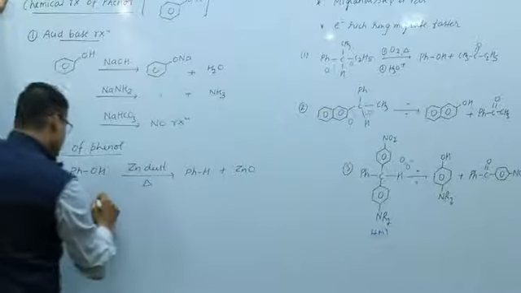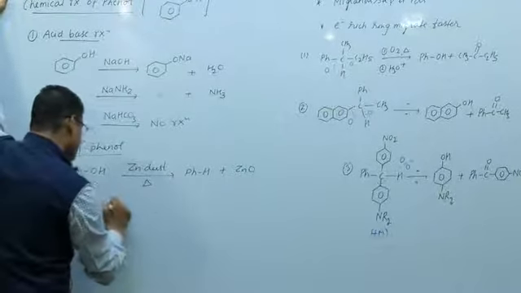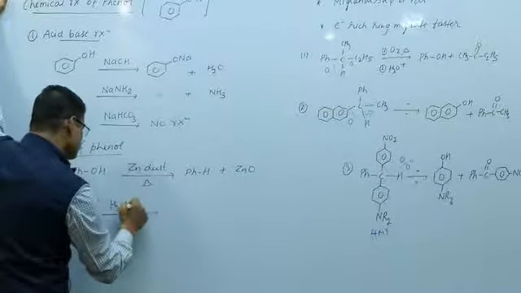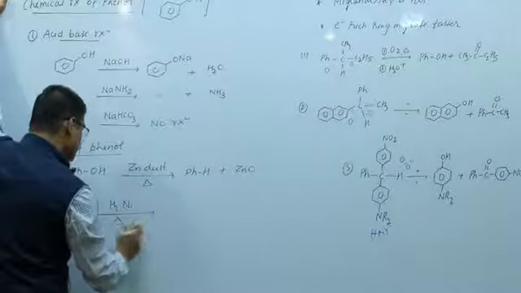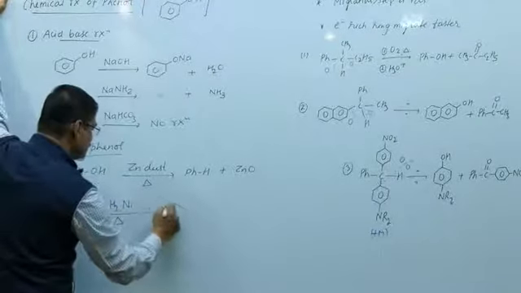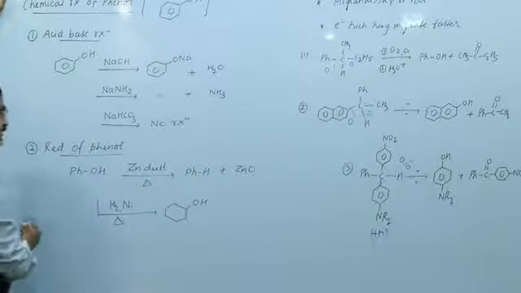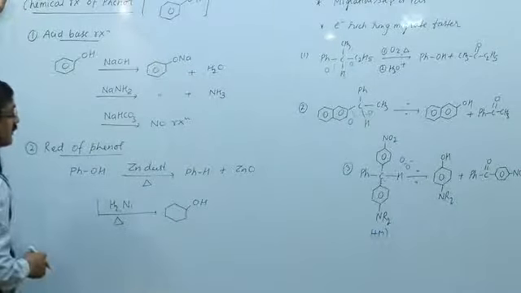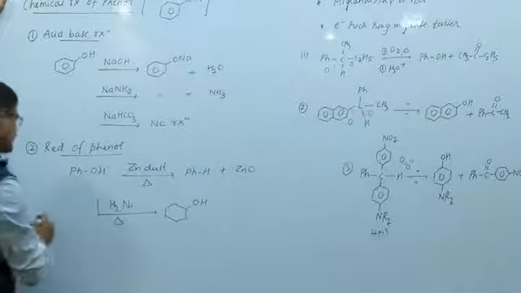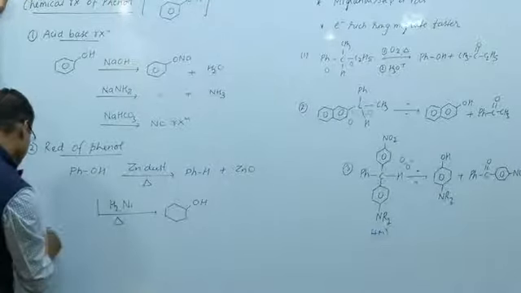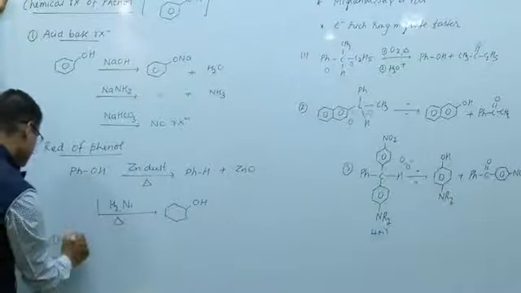Or if I take hydrogenation at a little higher temperature, then cyclohexanol is obtained. So all pi bonds are hydrogenated by this reaction.